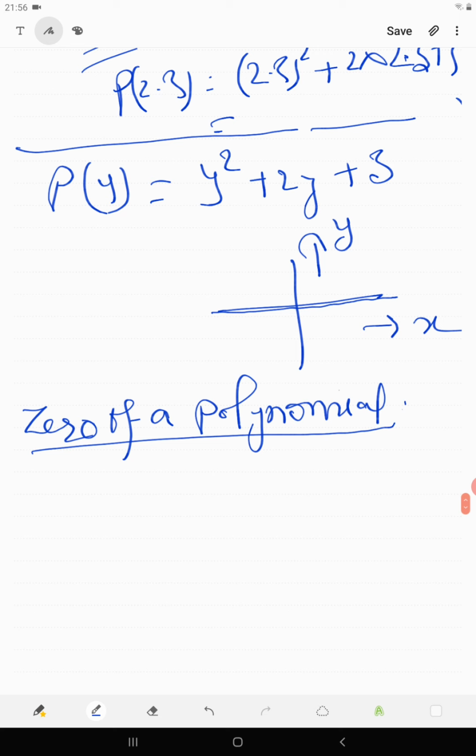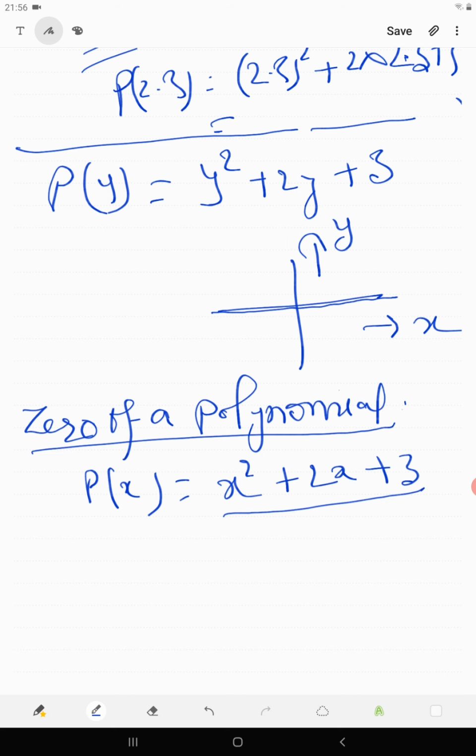Okay. So let's first understand what is the zero of a polynomial. Suppose I am taking p(x) equals x square plus 2x plus 3. So what is the zero for this polynomial? When we say let's find the zero of a polynomial, that means what is the value for which the right hand side of this becomes 0. That is the zero. So find the values of x for which the right hand side becomes 0.